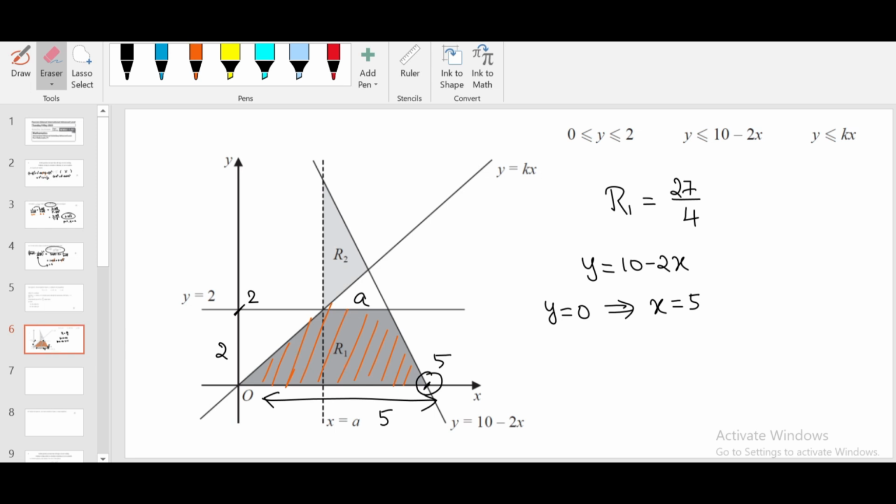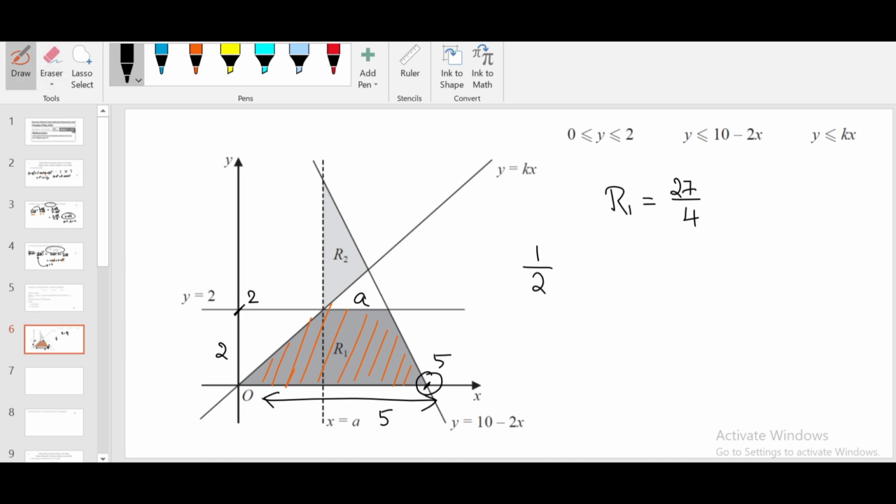I'm going to use the formula half. Now we need to know the x coordinate of these 2 points. Forget about the rest of the things. This is basically the intersection of y is equal to 2 and y is equal to 10 minus 2x.